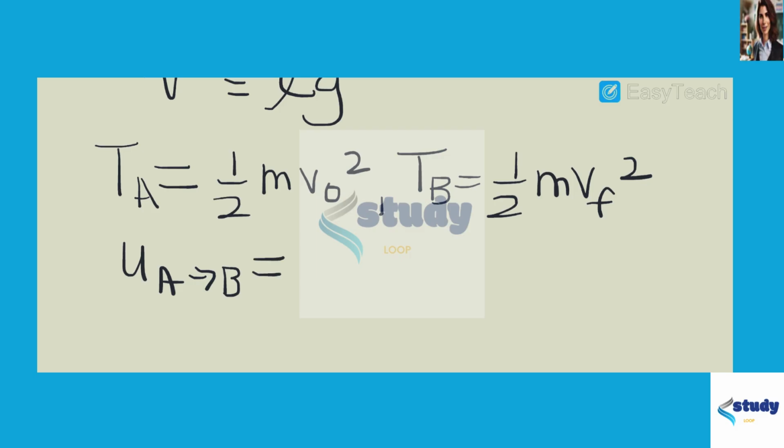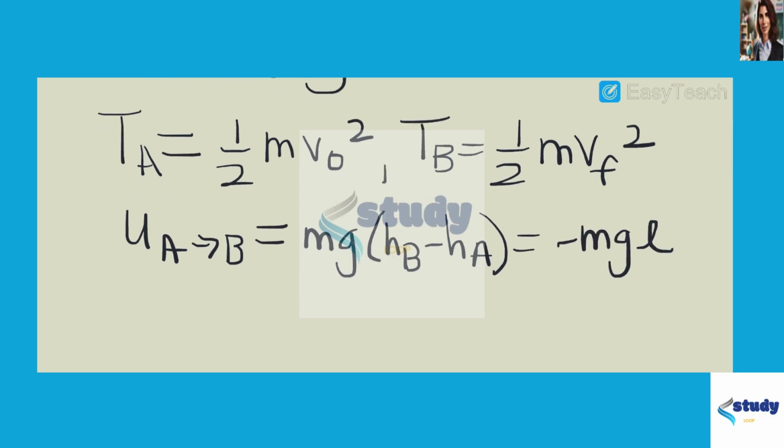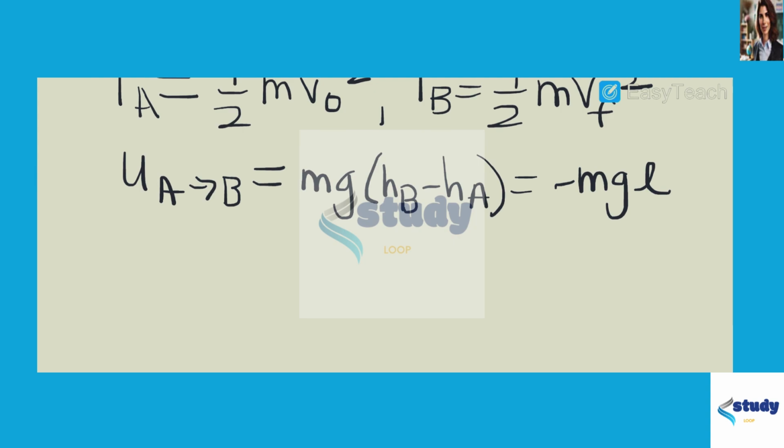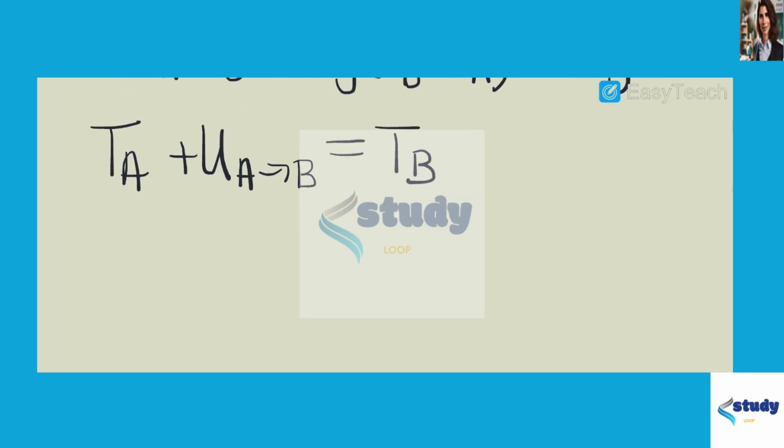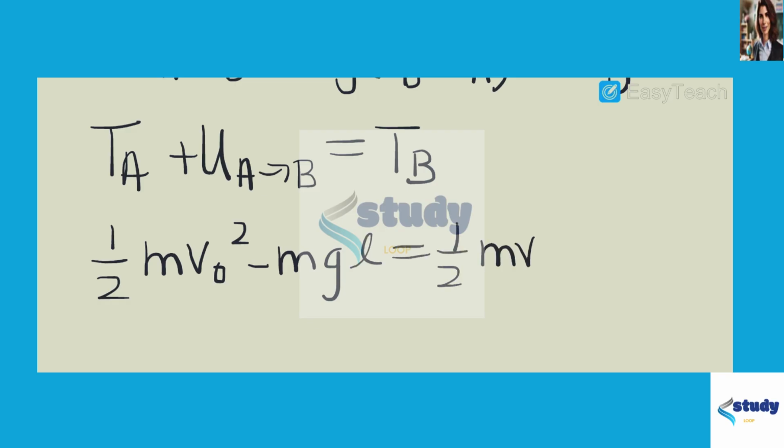So that is simply mg times hb minus ha, which is equal to negative mgL. The equation for work and kinetic energy is TA plus the work from A to B is equal to the kinetic energy at B. Plugging in these values, we get 1/2 m v0 squared minus mgL is equal to 1/2 m vf squared.